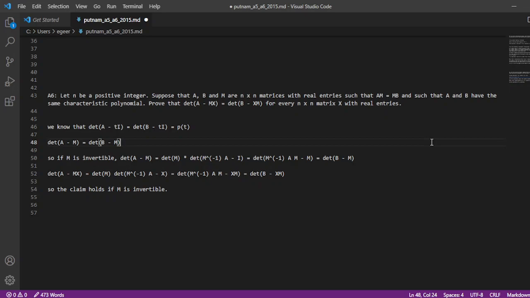And I don't know how to do that. I don't even know how such a perturbation would preserve this relation, basically.